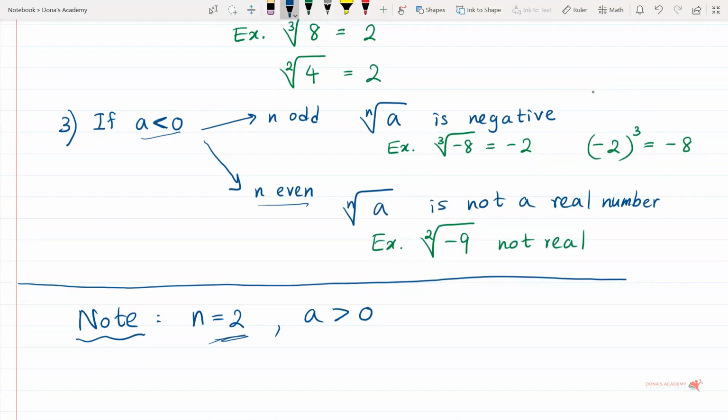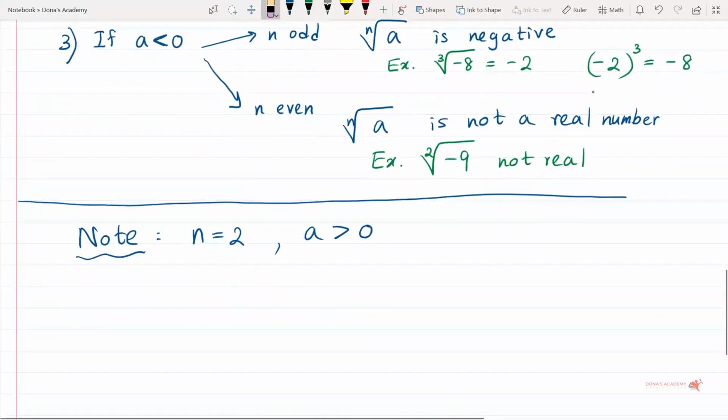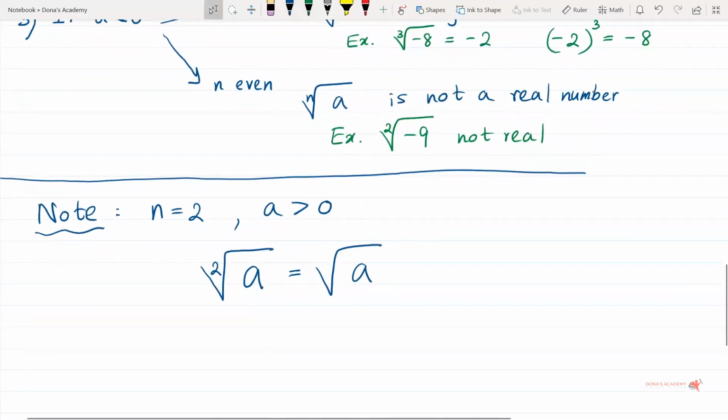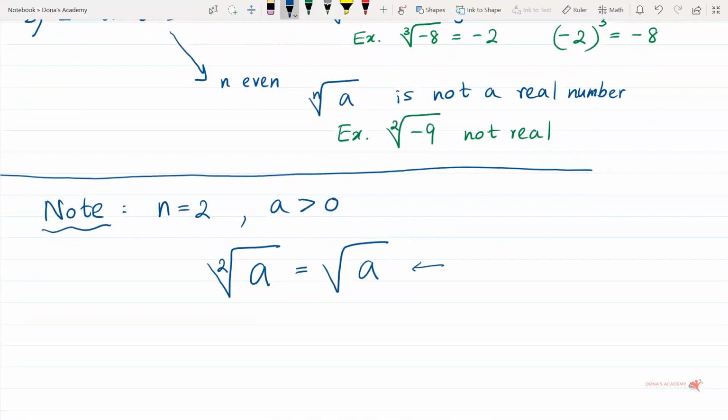So that's why we need these conditions. All right, so in this case, we denote the square root by either this thing or this thing. And this thing is called the principal square root of a. Again, watch that square root video to understand these things in detail, okay? All right.